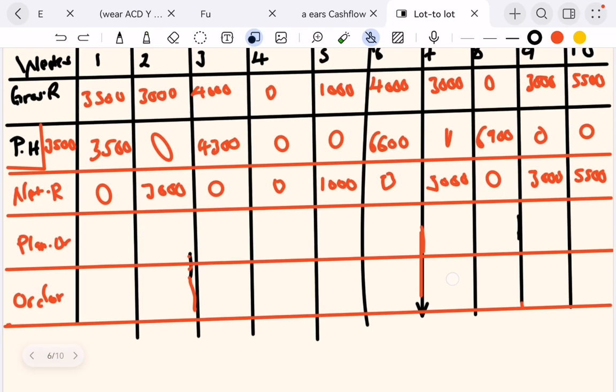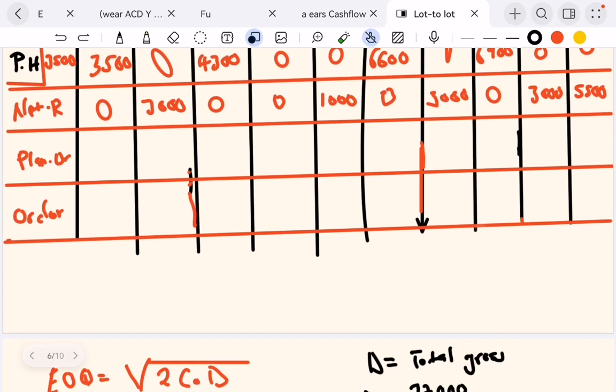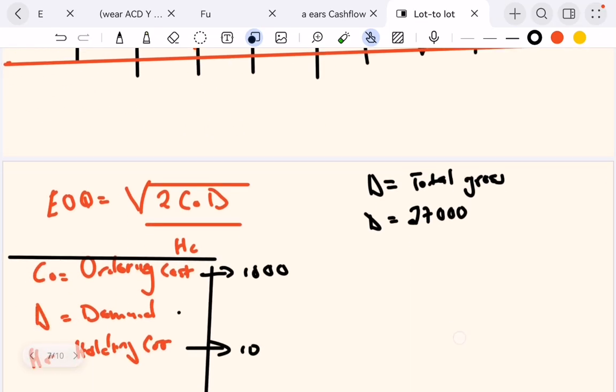Remember, these are 10 weeks. Because there are 10 weeks, we need to find the average demand. So average demand is equal to the total, which is 27,000 over 10 weeks, not 100 weeks, over 10 weeks. So the average demand will give us 2,700.